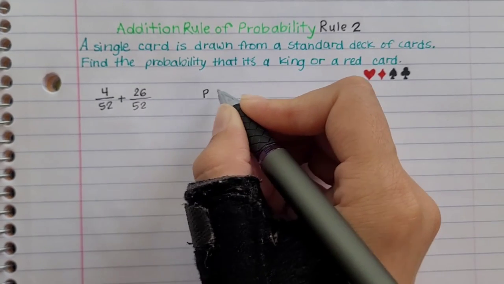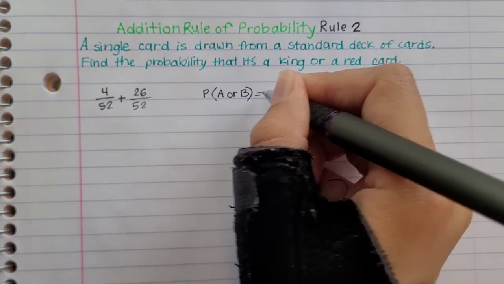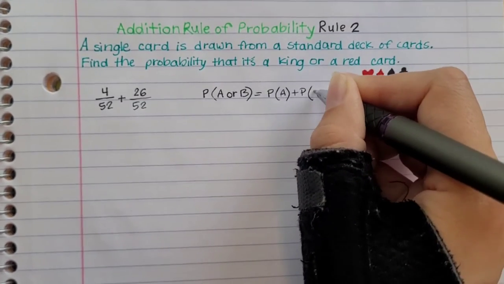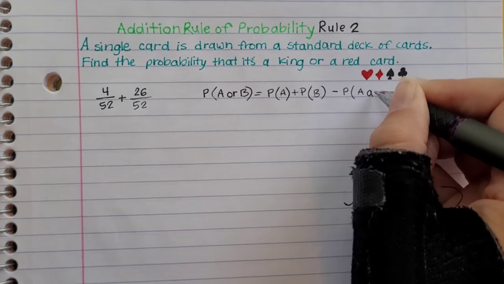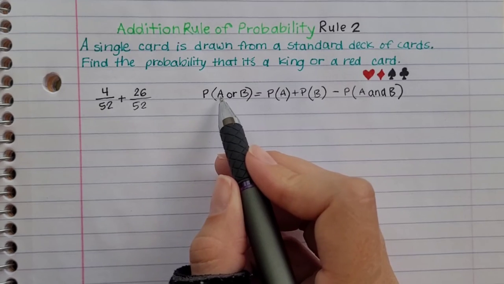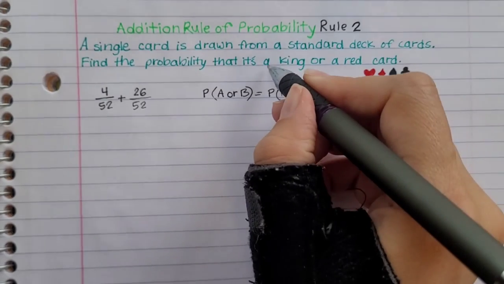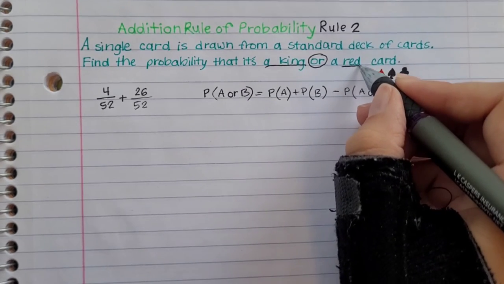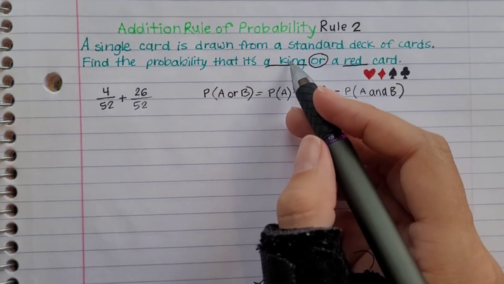So the probability of A or B equals the probability of A plus the probability of B minus the probability of A and B. So right now we have the probability of A or B. This is saying A is our first item, a king, or our second item is a red card, that's the B, equals the probability of A, which is a king.